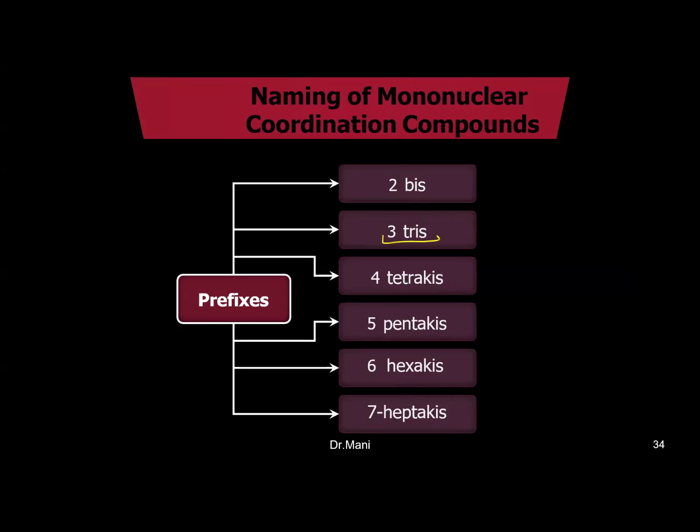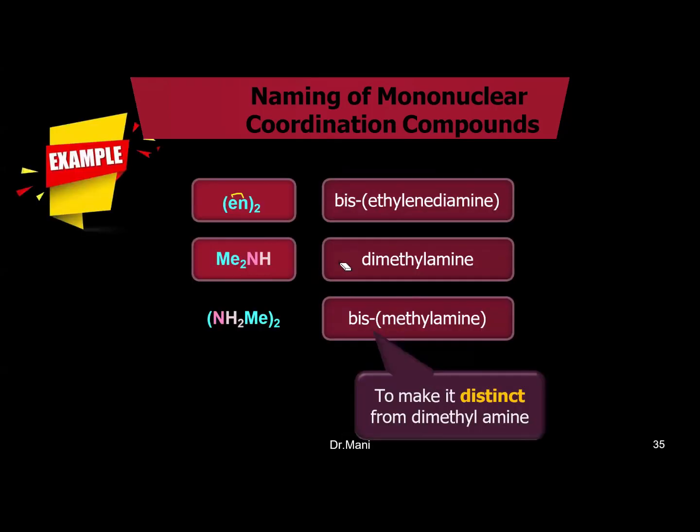Suppose you see en twice, that's given as bis(ethylenediamine). Me2NH is dimethylamine, where 2 methyl groups are attached to 1 amine group. In order to prevent that confusion, when 2 is within the brackets, I will be writing it as bis.